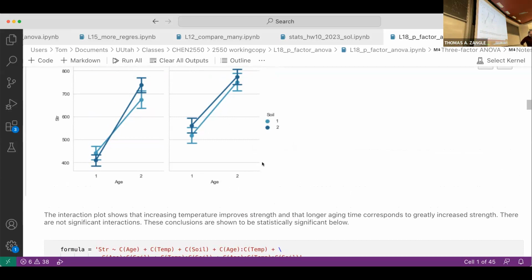Is ANOVA only for binomial distributions like yes or no's? No. We can think of ANOVA as based on a special case of linear regression for categorical variables.